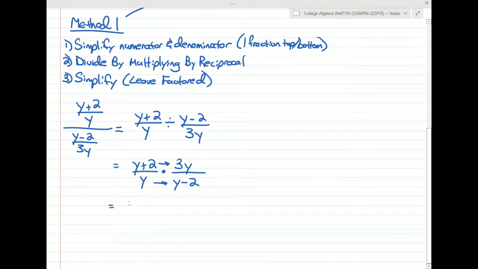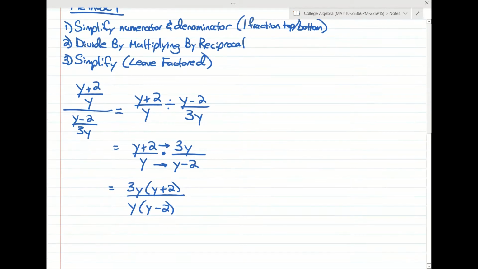So this just turns into 3y times y plus 2 over the bottom would just be y times y minus 2. Like I said before, we leave it factored. You don't want to start distributing. You want it factored because we could actually cancel out a common factor here. Does anyone see the common factor that we could cancel out? Yeah, we could cancel out a factor of y on top and y on the bottom, giving us the final answer 3 times y plus 2 over y minus 2.